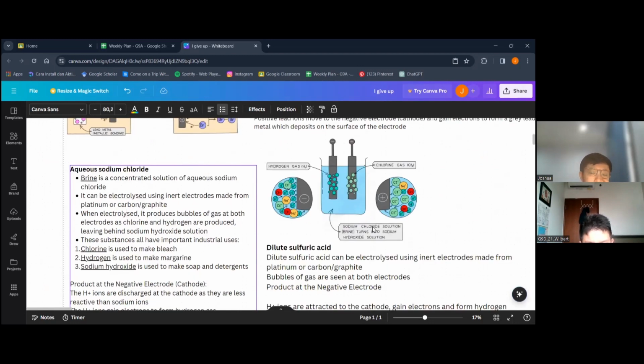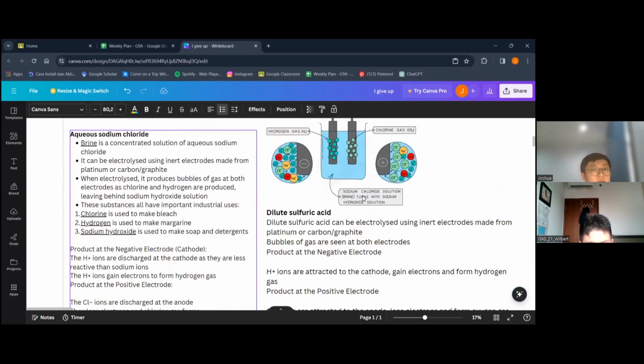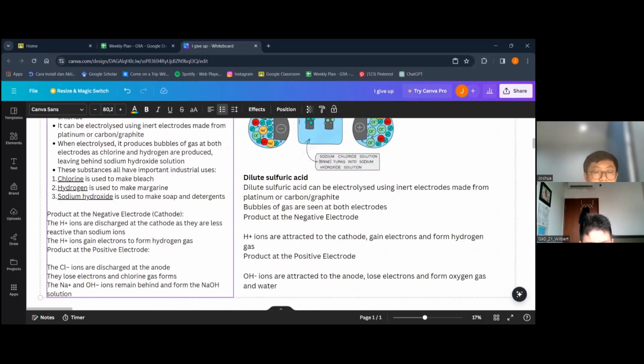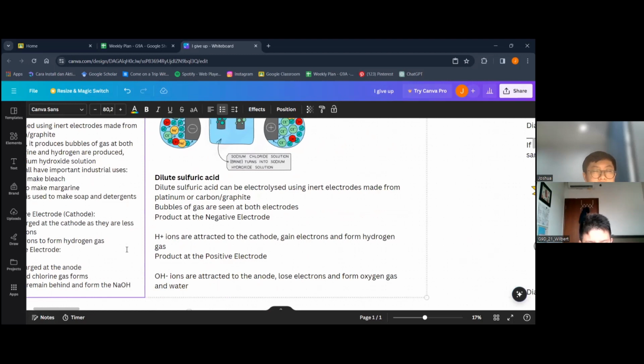And as for chlorine, because it's group 7, group 7s are always going to be electrolyzed. And following that, a similar example to this is dilute sulfuric acid, H2SO4.